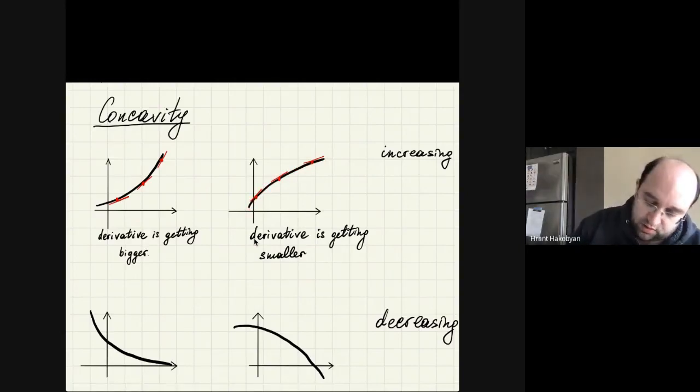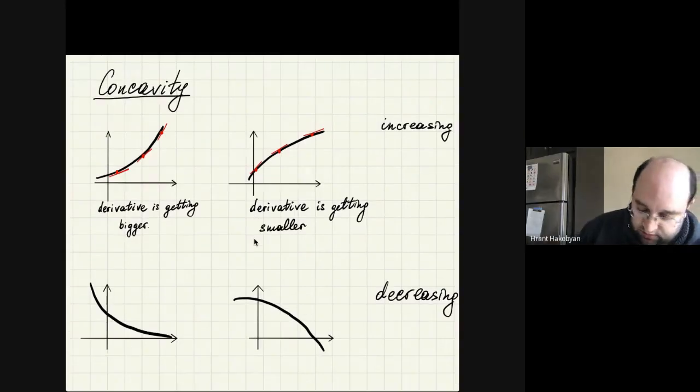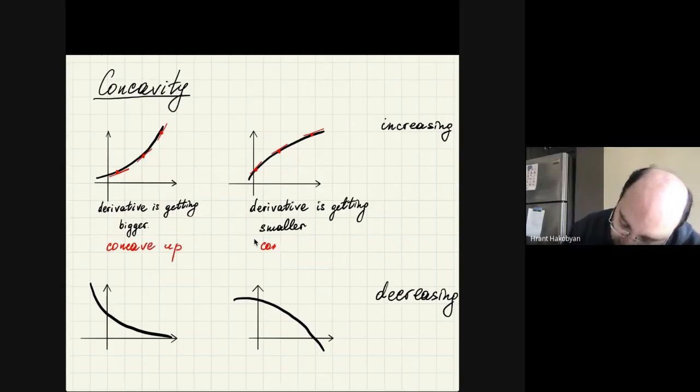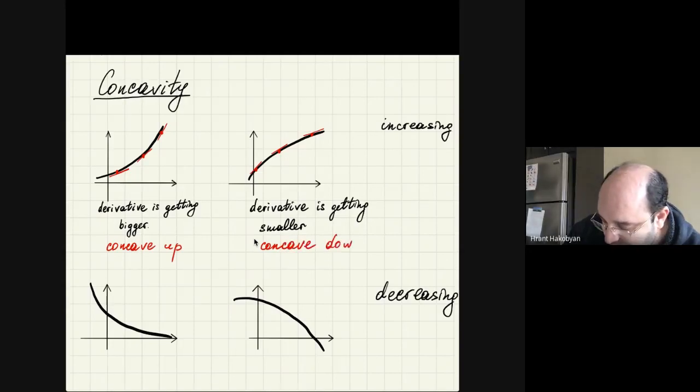That's why we give this a name, and we say that this function here is concave up, and this one here is concave down. We can also say concave upwards or concave downwards.